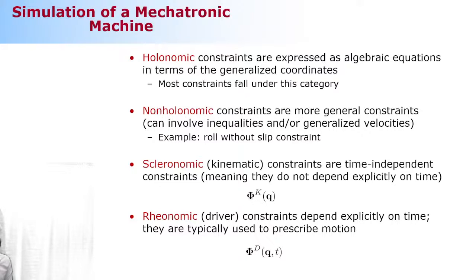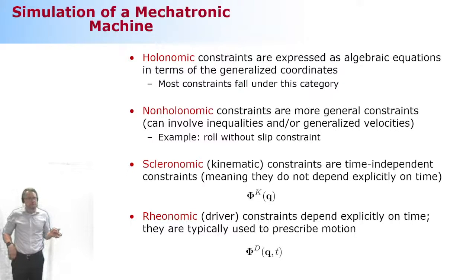A little bit on names. This is not important, but in the multi-body, computational dynamics literature, there are names, and I would like you to be aware of these names. So there are holonomic constraints, which are typically the constraints this class is pretty much only about. Revolute joint, translational joint, conventional joints go under the category of holonomic constraints.